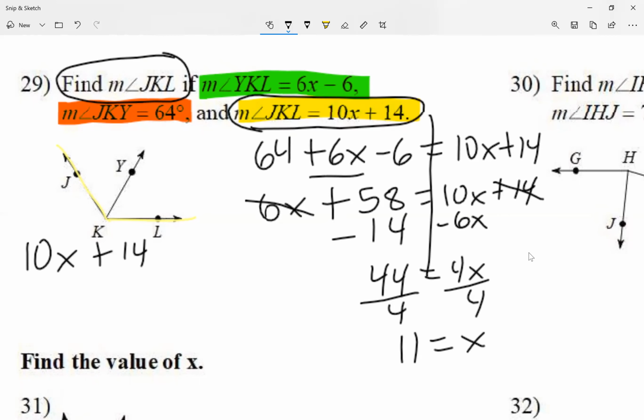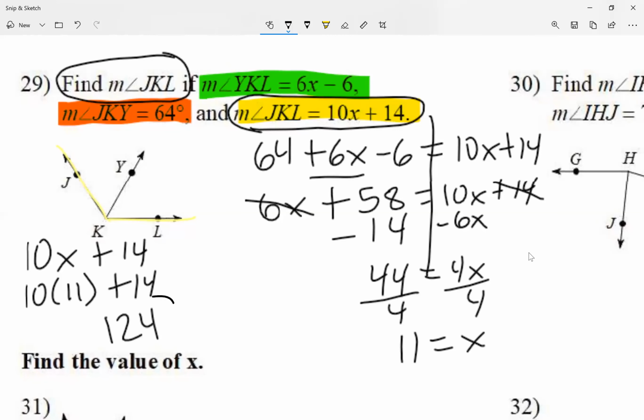But then I know the value of x is 11. So let me write this as 10 times 11 plus 14. I know 10 times 11 is 110 plus 14 is 124. So my result in this case is 124.